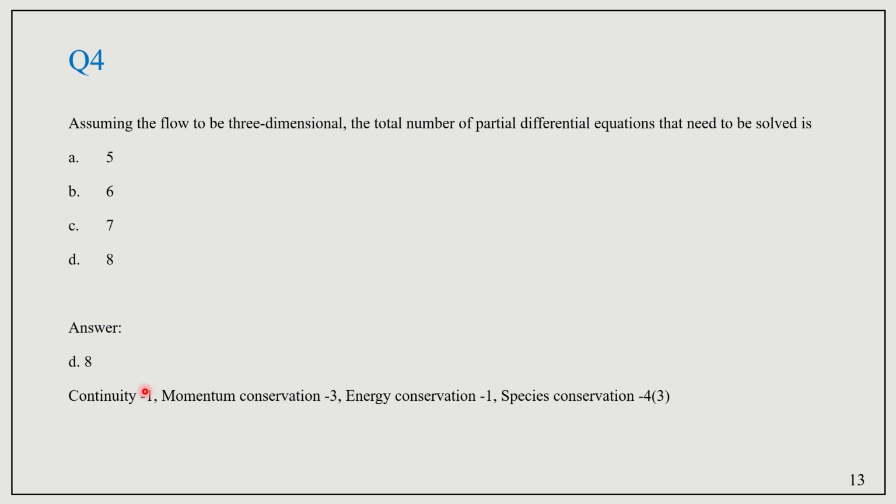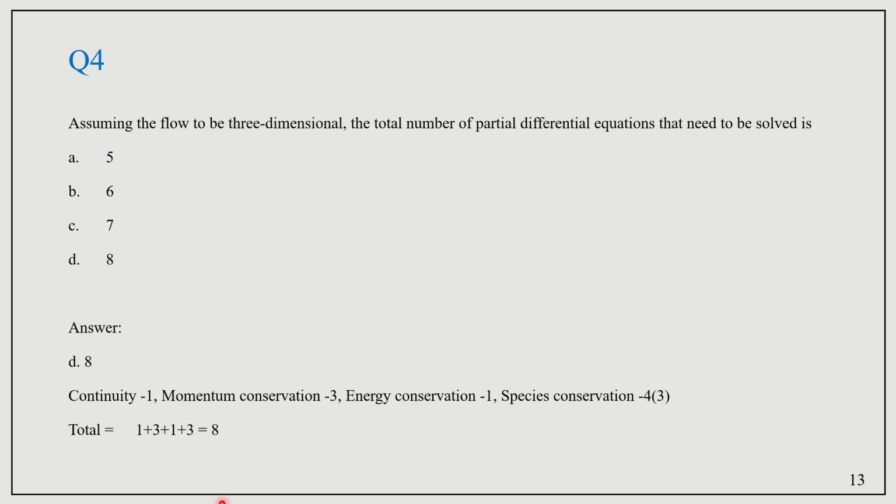So on the whole it is 1 plus 3 plus 1 plus 3, it is 8. So the total is equal to 8. So 8 partial differential equations need to be solved in this system, assuming the flow to be three-dimensional.